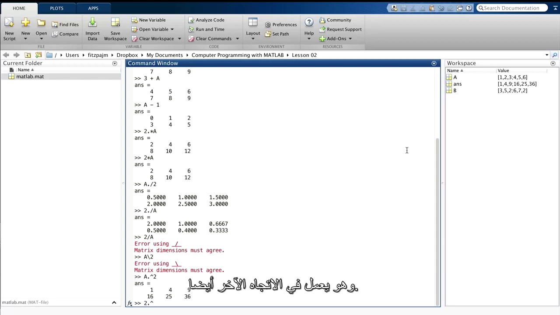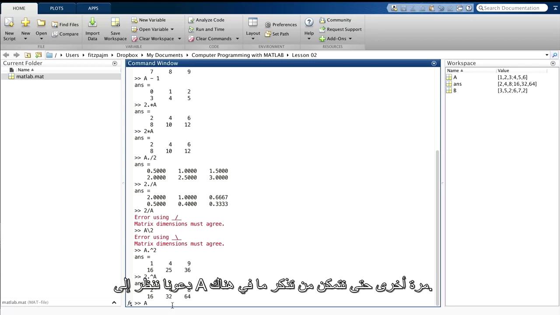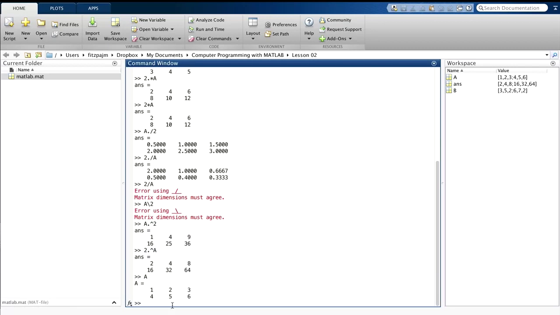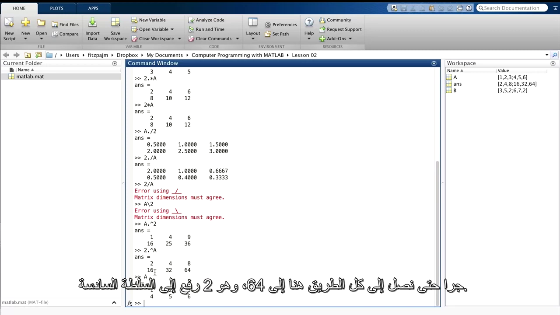And it works the other direction too. Let's look at A again so we can remember what's in there. Here we have 2 because we've raised 2 to the 1 power here. Here we have 4 because we've raised 2 to the 2 power. Here you have an 8 because we've raised 2 to the 3 power, and so on, until we get all the way down here to 64, which is 2 raised to the 6 power.